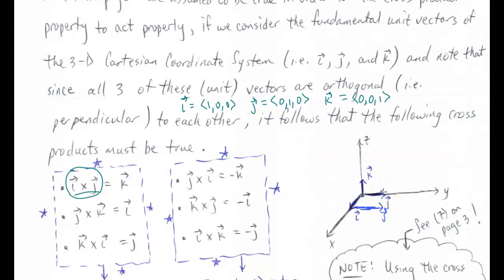And so if I really think about what's happening, if I is acting on J, and this is J as well, it's going to make this whole system kind of turn this way.